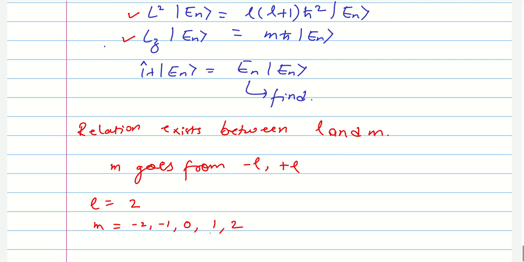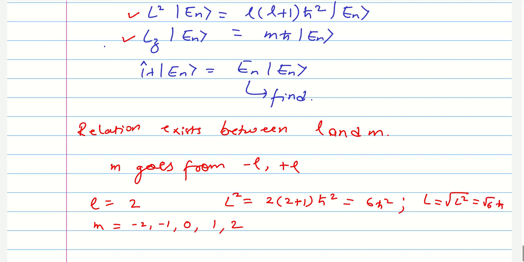So corresponding to L equal to 2, what is the total angular momentum? This is going to be 2 plus 1 h cross square, 2 times 3 is 6. So from here you can find what is the total angular momentum. So it is going to be root over L square, means root 6 h cross.